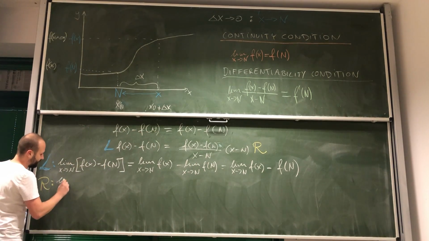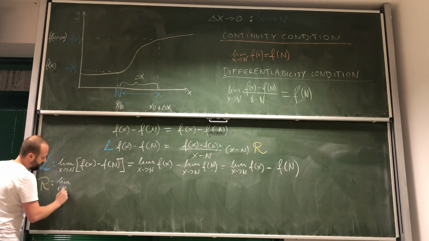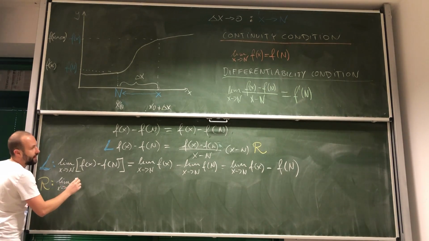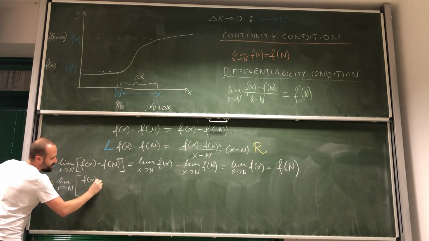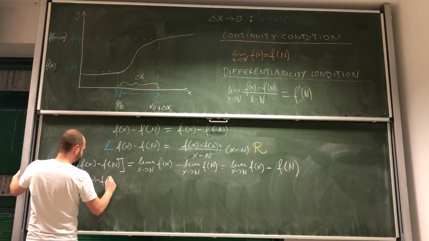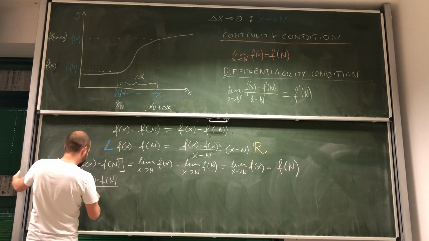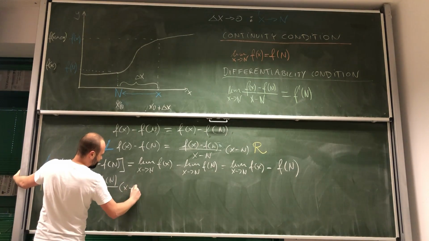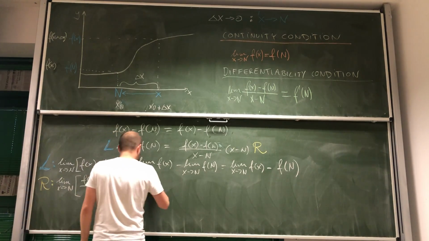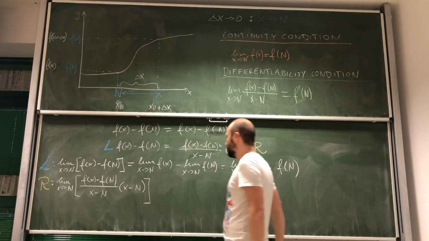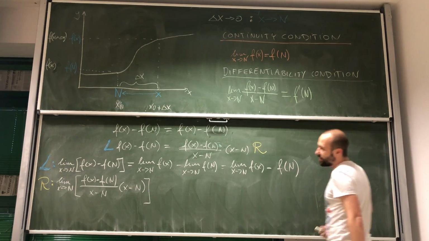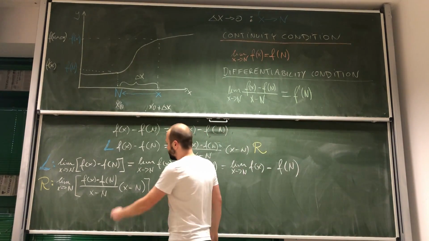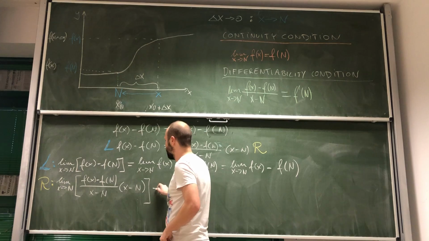So here I would calculate limit with x approaching n out of very big expression f of x minus f of n over x minus n times x minus n. Right? And again, I can use the rules on limits, and we know that the product of the limits is a limit of the product, so I can divide this into two separate expressions.